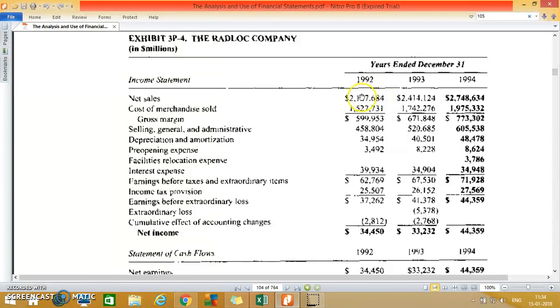Yes, here the top line is growing, and so is the EBT, earnings before taxes, that is before the extraordinary items. While I see that the net income after tax has actually shown a dip in the year 93 because of these two items, which are the extraordinary loss and the cumulative effect of accounting changes. This is one part when I look at the income statement.